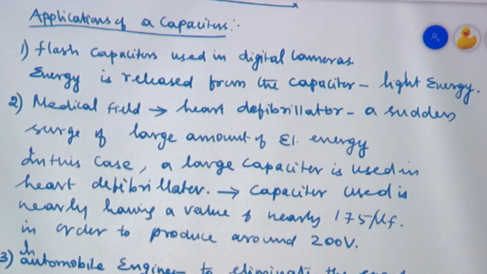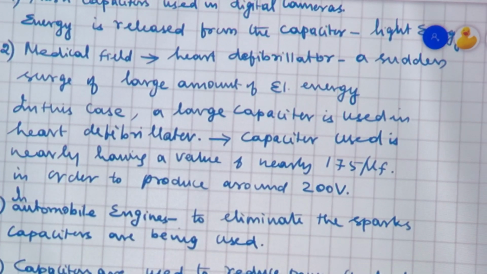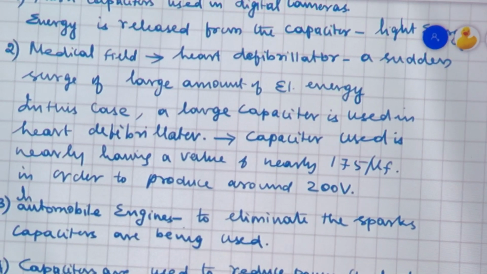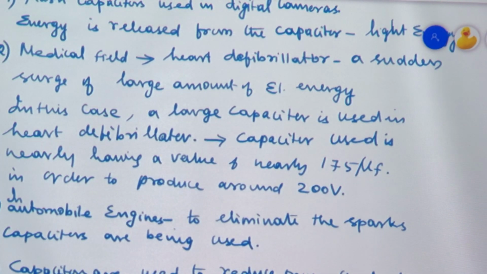There the energy is released in the form of light energy and given out from the capacitor. Then it is used in the medical field in case of heart attacks for a patient. The heart is made to function by giving a large electrical shock produced with the help of a device called a heart defibrillator.